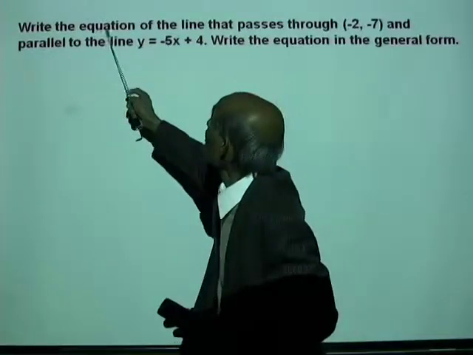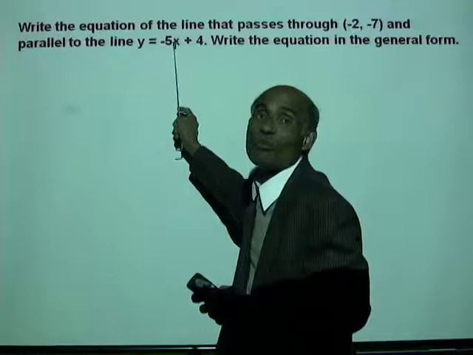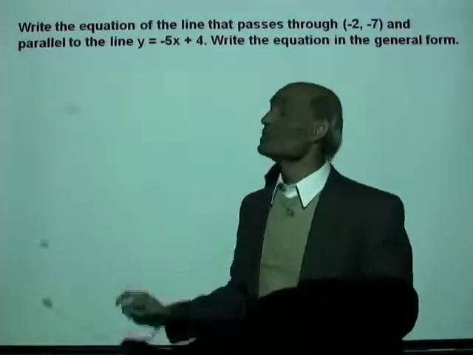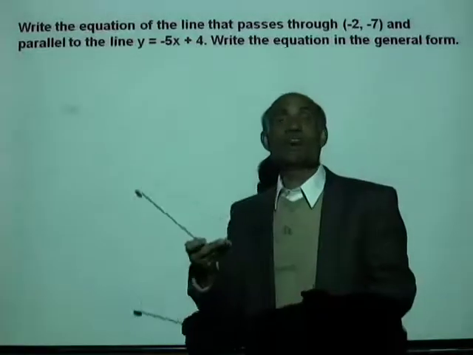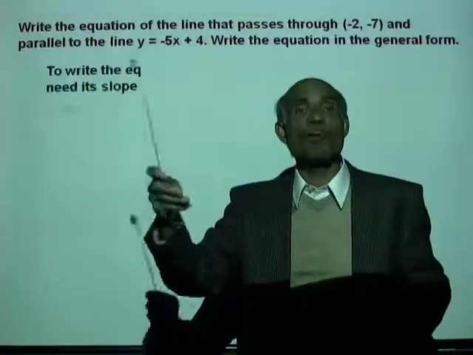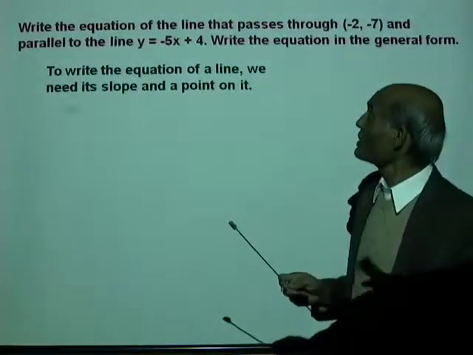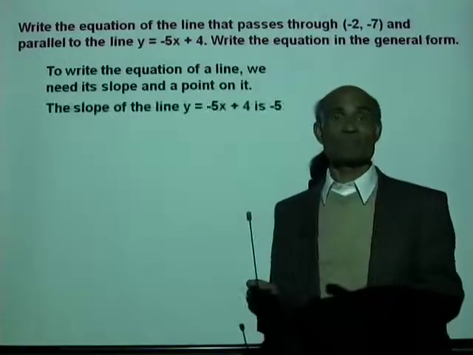That means the line whose equation we want has a slope of -5. That is the important information we have. So we know the slope, we know the point, we can now use the slope-point form to write the equation. To write the equation of a line, we need its slope and a point on it.